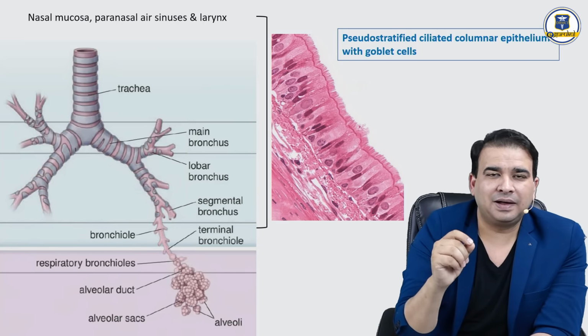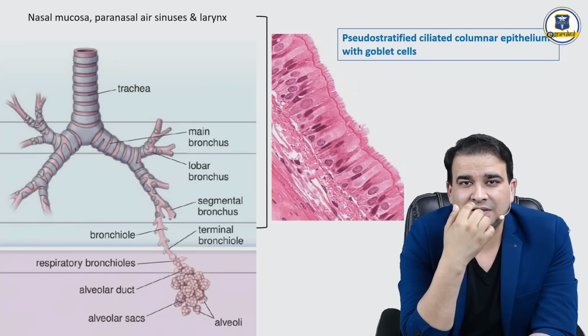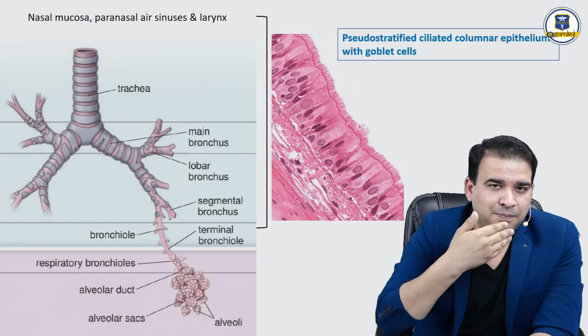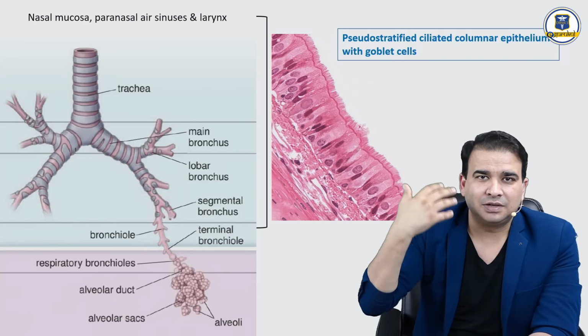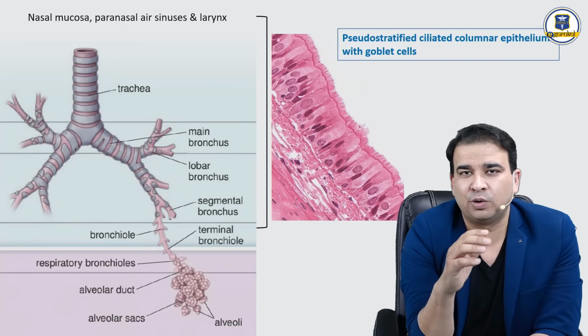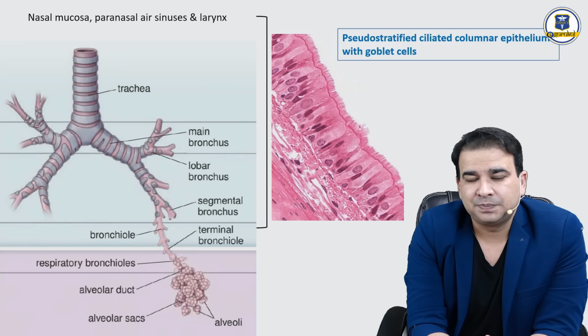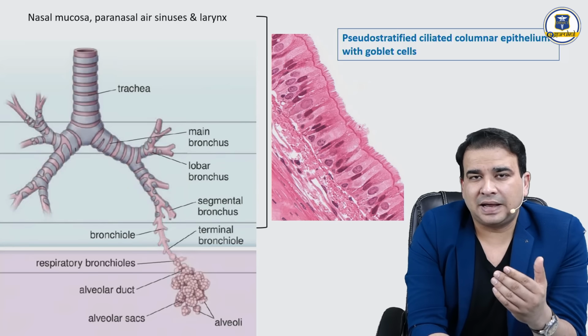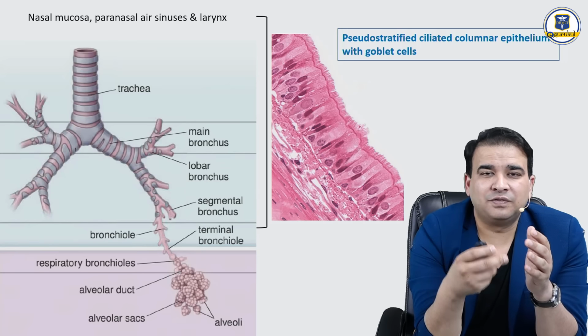So as I said, I repeat again, barring the vestibule part of the nasal cavity, which has stratified squamous epithelium, beyond that the nasal cavity, the paranasal sinuses, the larynx, the trachea, the large bronchi and the proximal bronchiole all have the pseudo-stratified ciliated columnar epithelium. Obviously with some exceptions, like the vocal cord and the upper border and the lingual surface of the epiglottis.